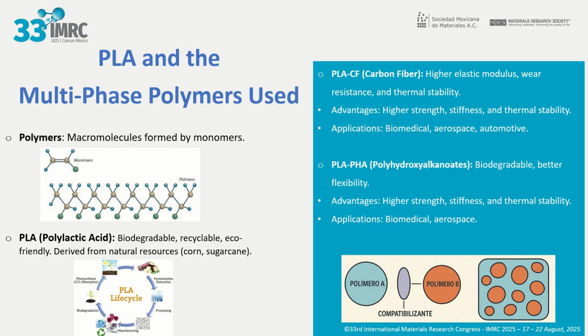PLA with carbon fiber has excellent mechanical properties, low density, resistance to corrosion, is electrically conductive, and has low thermal expansion. PLA with polyhydroxyalkanoates, bioplastics produced in biotechnology, biodegradable and natural products made by bacteria, has the advantage of resistance to moisture and oxidation.